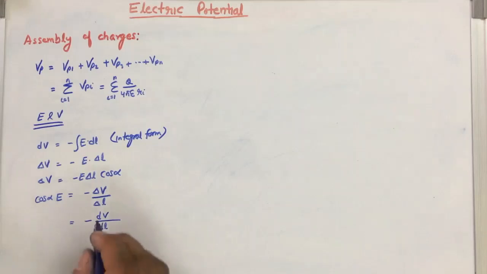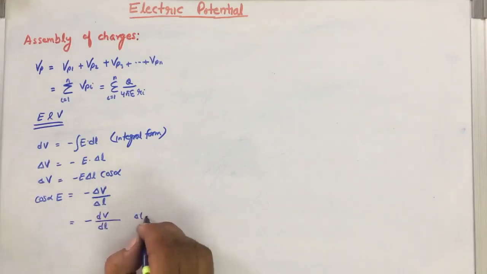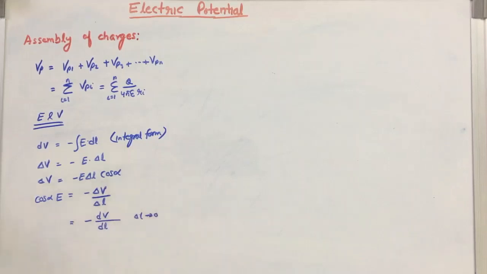This is only when the change in length tends to 0. In that case we can say E cos alpha will be equal to minus dV over dl.